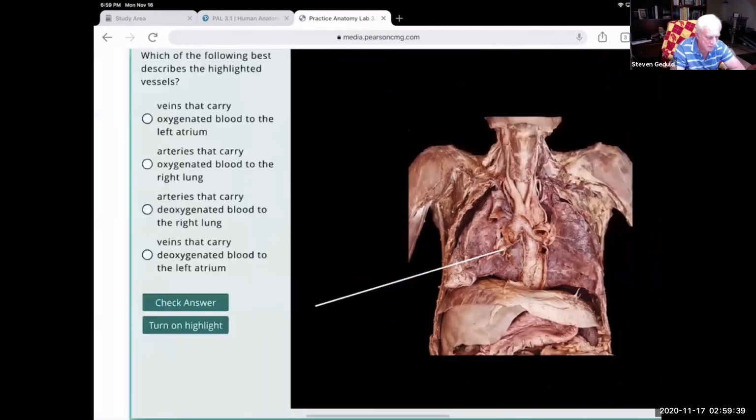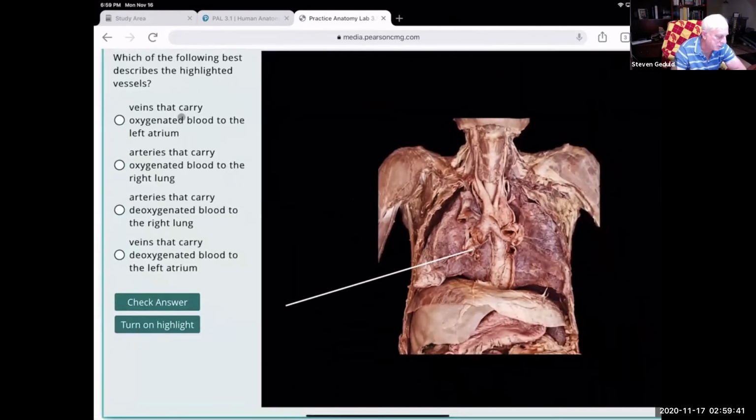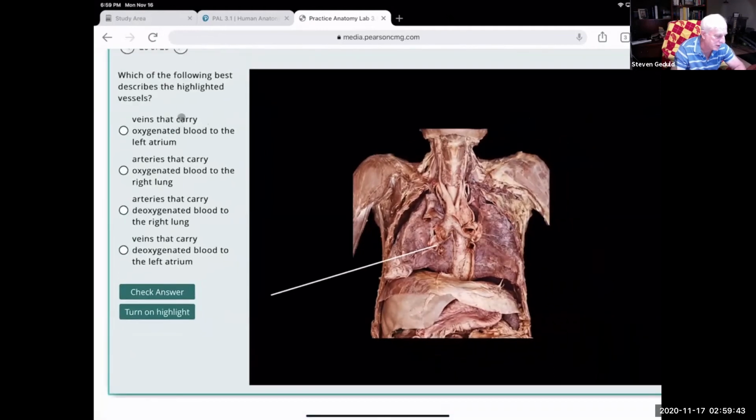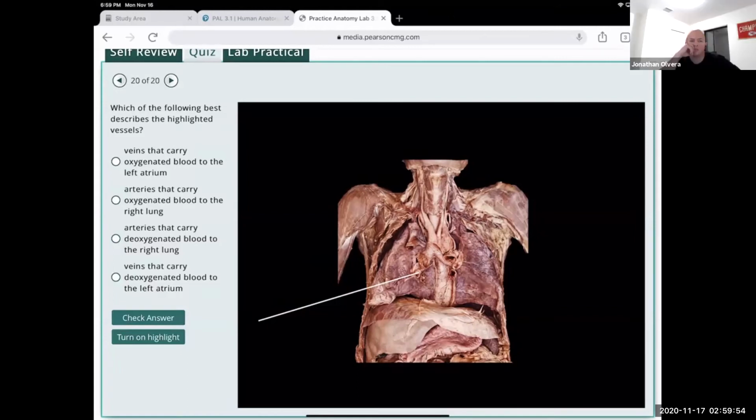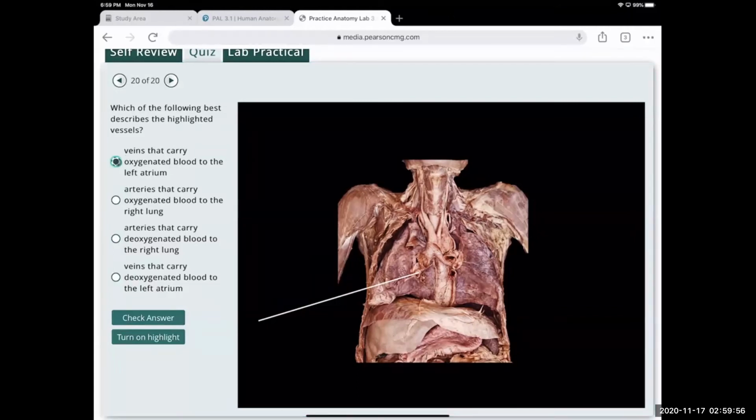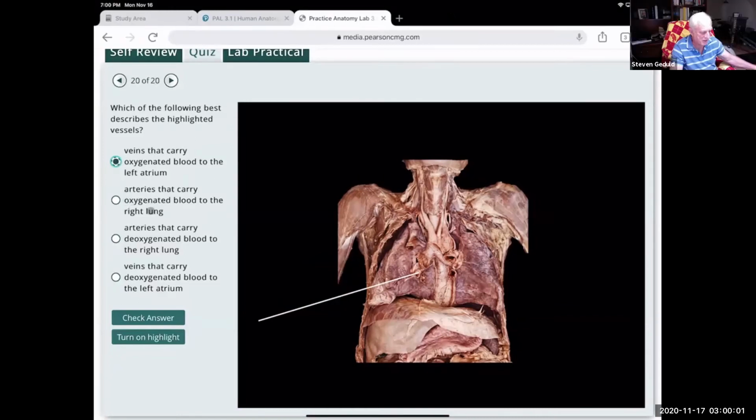All right, so let's eliminate what best we can. Veins that carry oxygenated blood to the left atrium. That would be the right pulmonary vein. That'd be true. Okay, so let's do that one, if that's a vein. Arteries that carry oxygenated blood. It's not an artery.